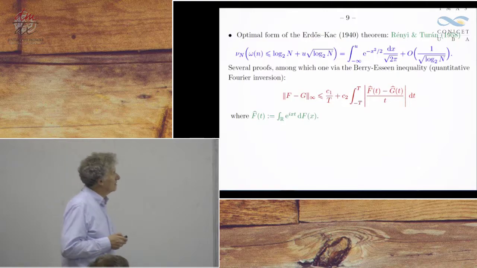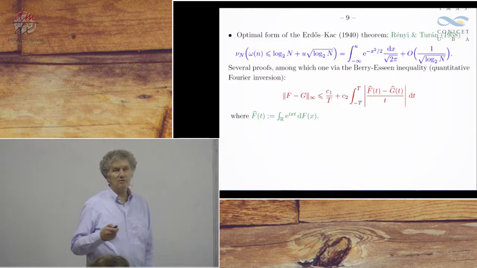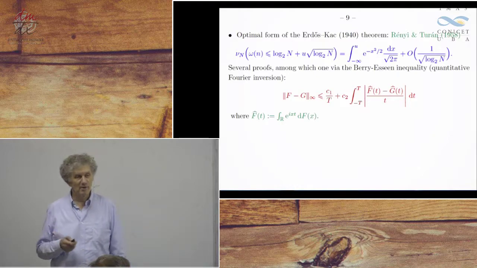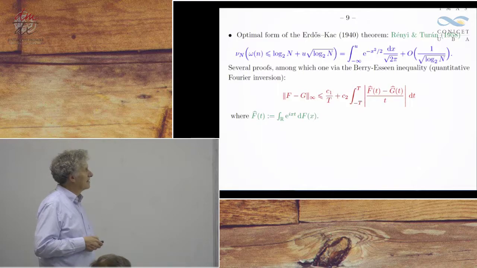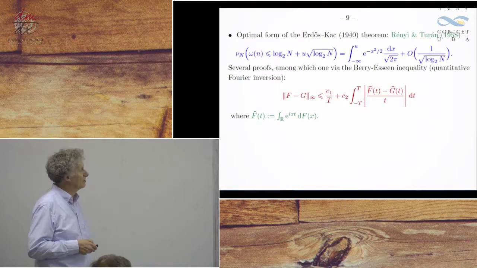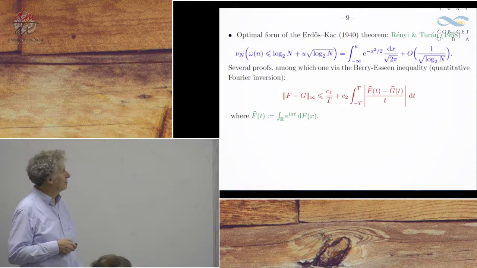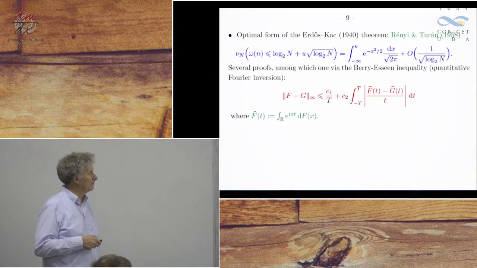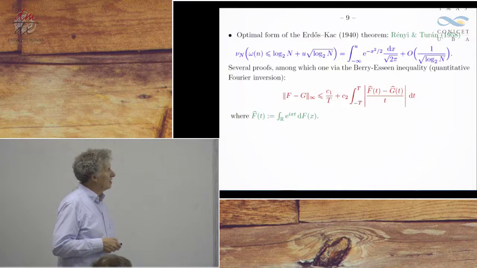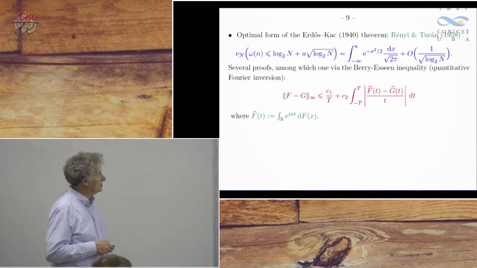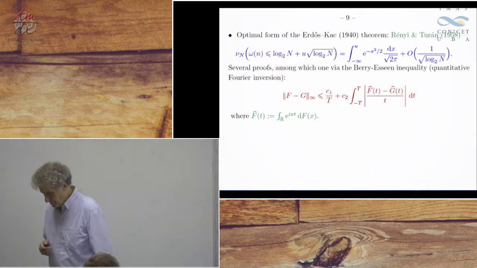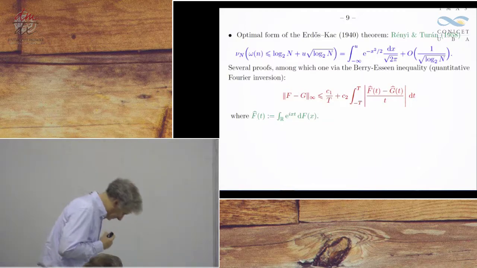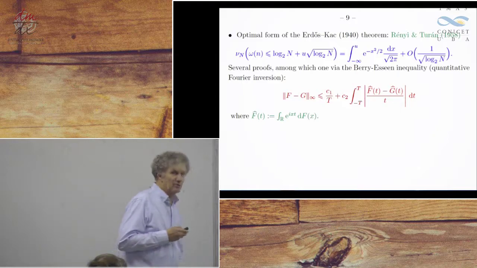So it's not very small, but it is optimal. And there are several proofs. One proof is particularly appealing to probabilists, since it is via the Berry-Esseen inequality, which is a quantitative Fourier inversion. So if you have two distribution functions, and G is, well, actually G should be, how do you say, absolutely continuous.